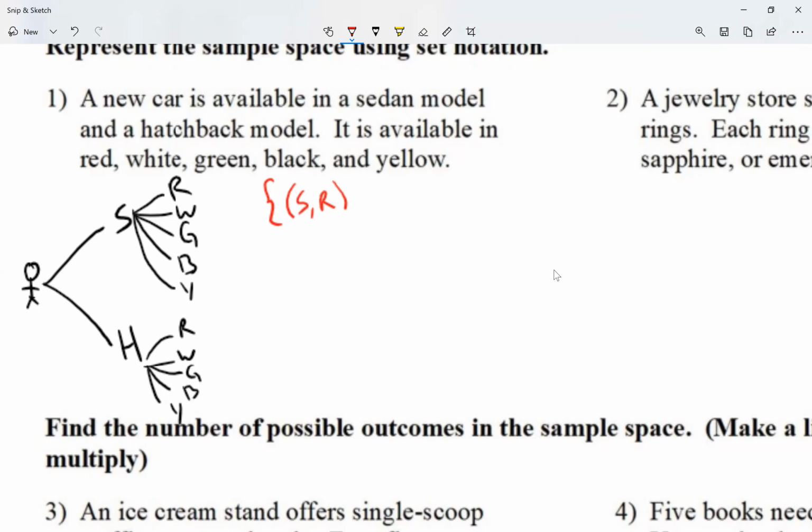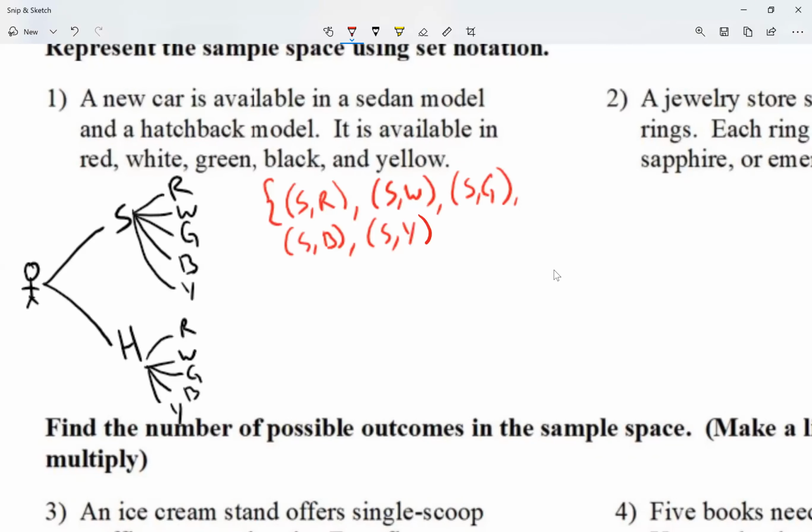My second choice was sedan white. Then I could say sedan green, sedan black, sedan yellow.